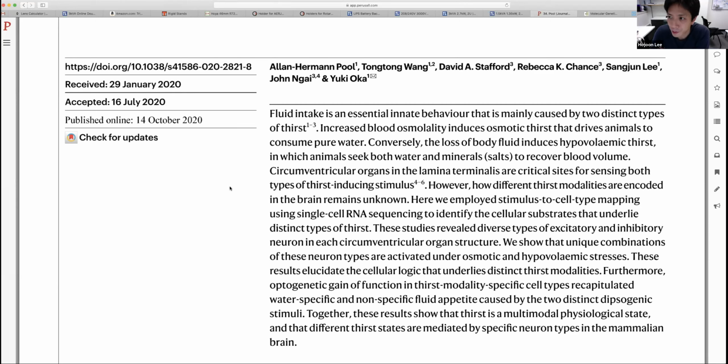So then the body tries to compensate for that by drinking liquids, but also having a hunger for salts. So it's one of those cases where, if you're salt deprived, then you want to eat something very salty.